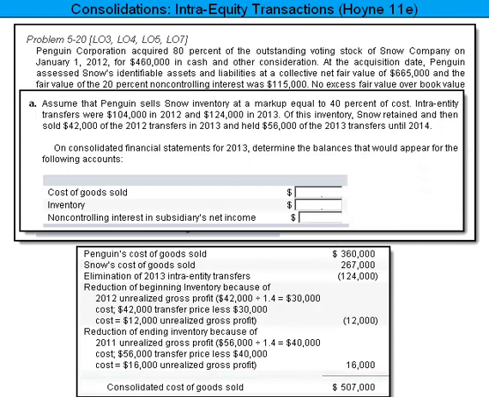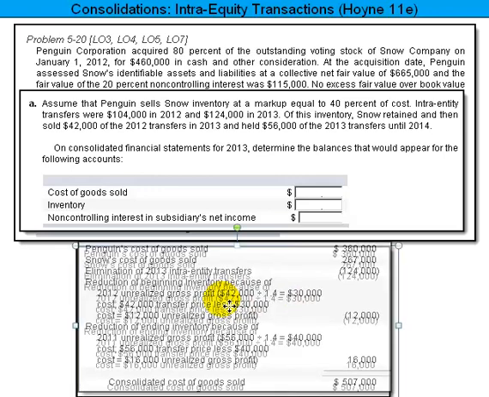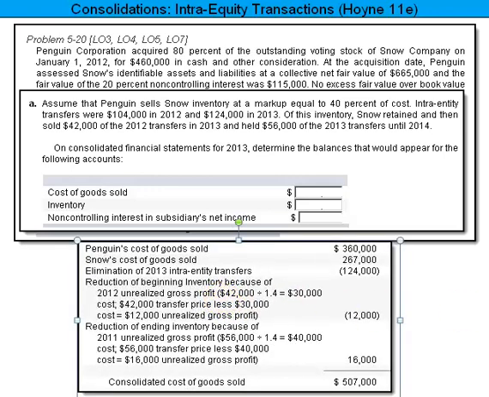The reason we're adding it back, and by the way, I think that should say 2013, not 2011, is because we eliminated all of the sales at first. You can think of this as we eliminate all the sales, then we figure out the adjustments we need to make for the gross profit in beginning inventory and the gross profit in ending inventory. So when we're done, we're able to compute that consolidated cost of goods sold should be $507,000.